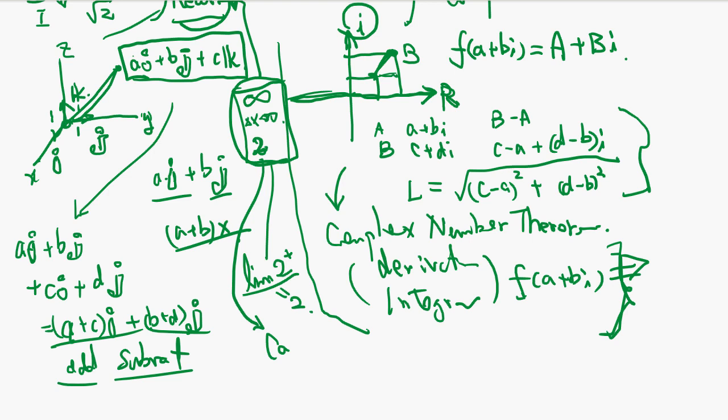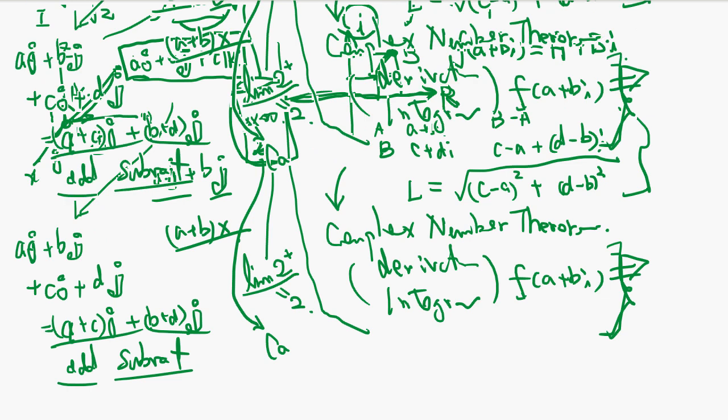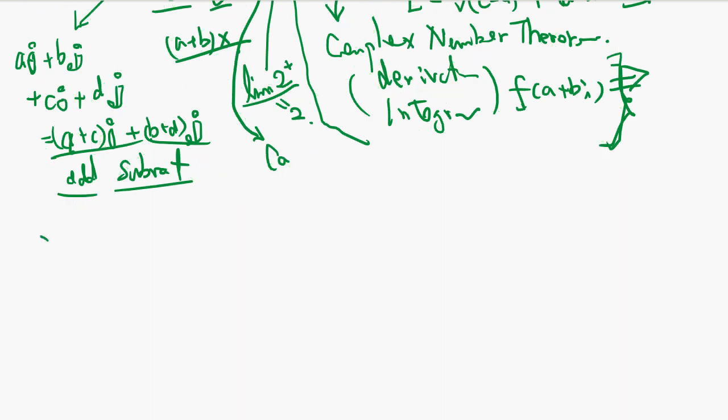Okay. So then how do you multiply vectors? Like vector A multiplied by vector B. Say vector A is this direction, and vector B is this direction.